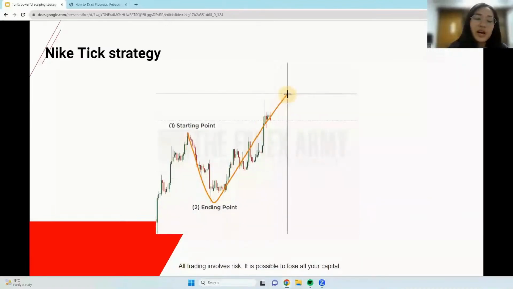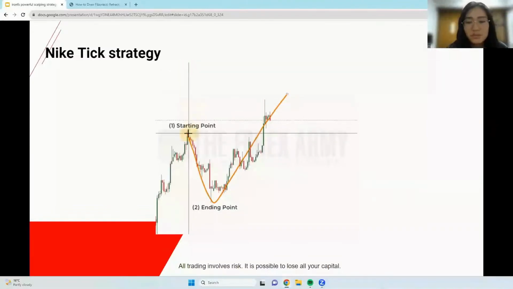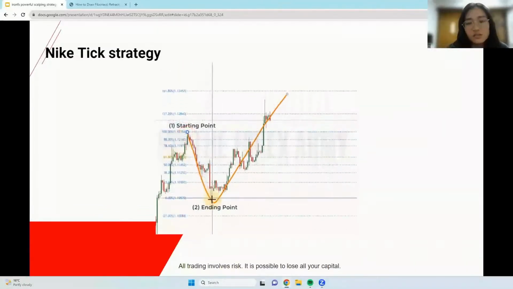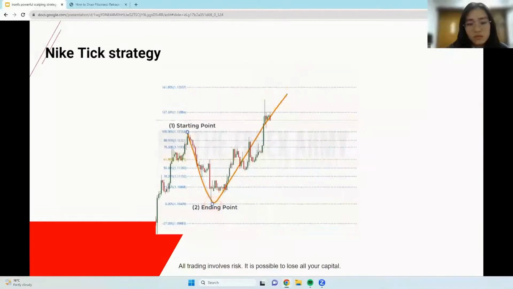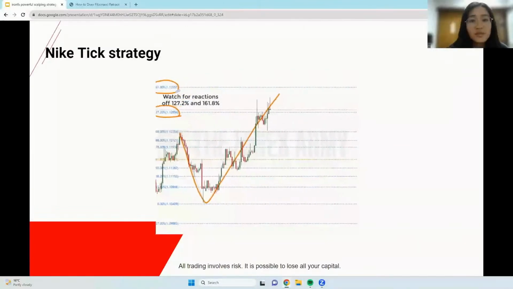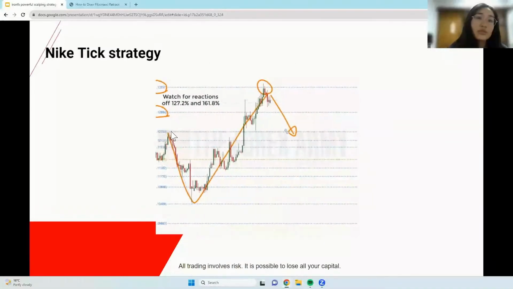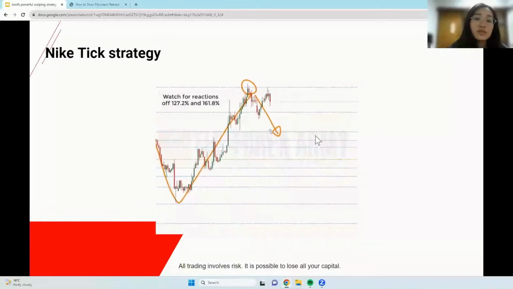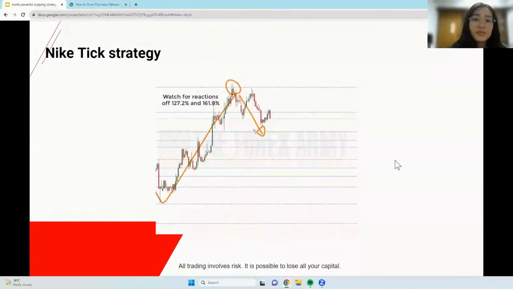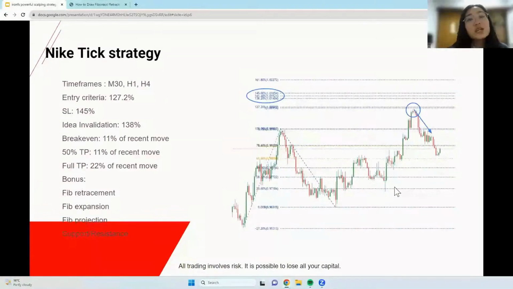That's basically what we are doing with this strategy. Notice how we only go in with the Fibonacci extension after price breaks out of the 100% level. Let's move on. Here's another example of the Nike tick strategy.